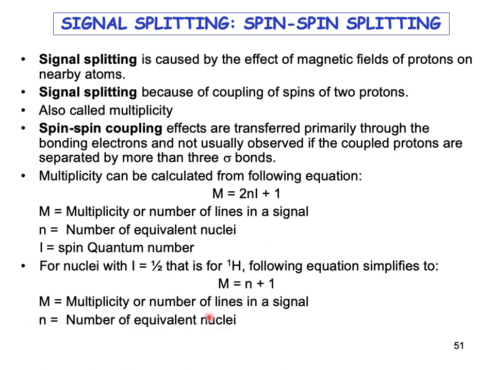So multiplicity is the number of lines in a signal. M tells us the number of lines; later we will see what is meant by the lines. And n is the number of equivalent nuclei, that is, how many equivalent nuclei are in a nearby proton.